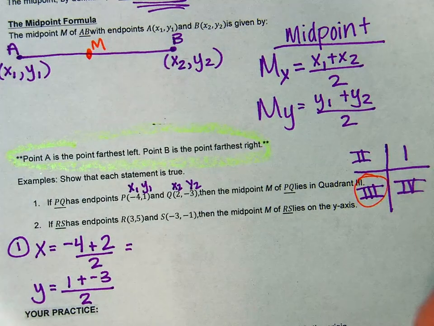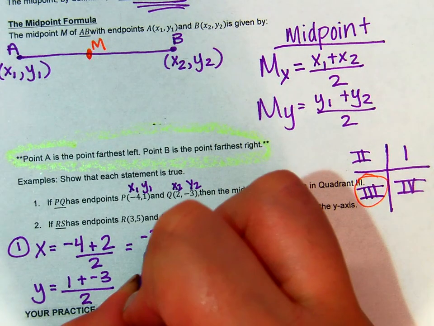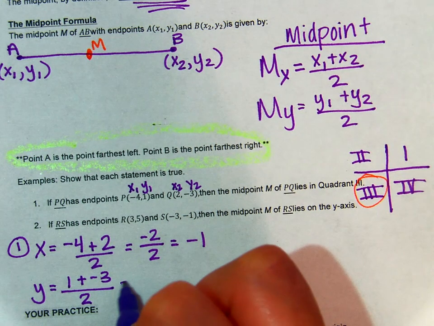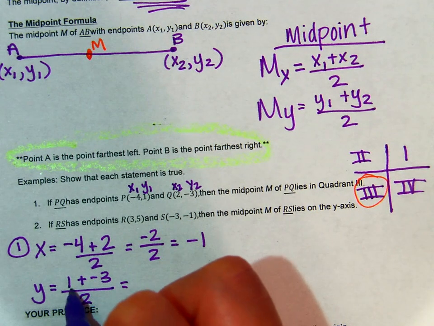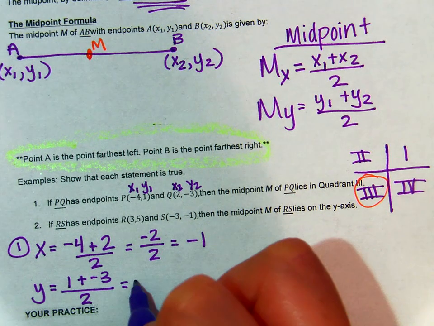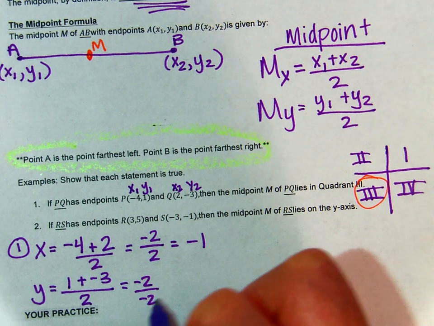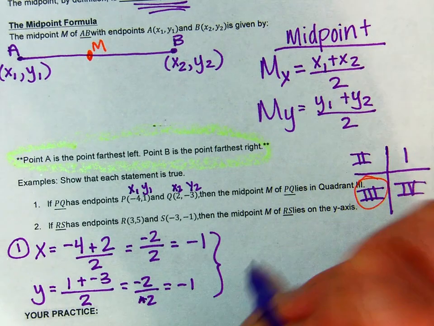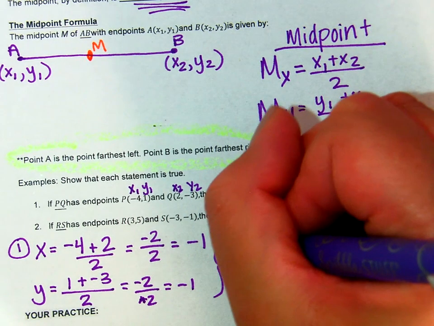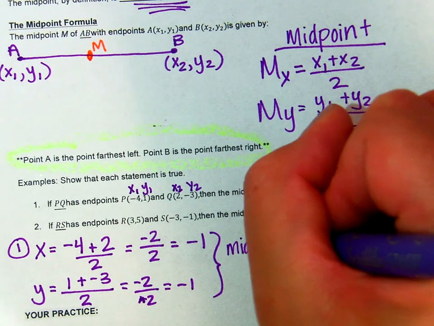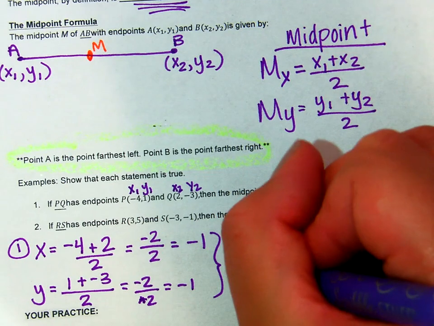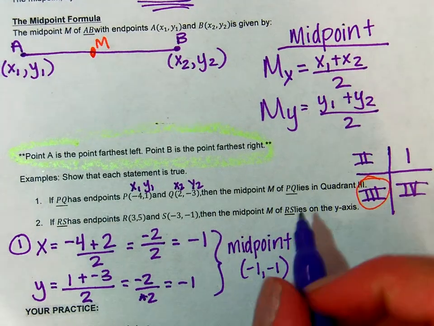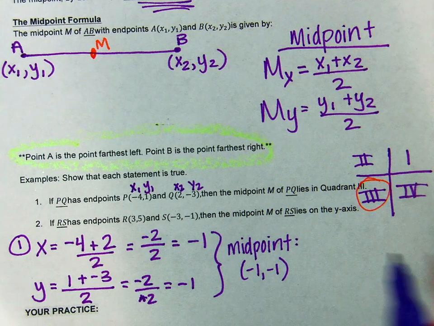So -4 plus 2 is -2 over 2, which is -1. And 1 plus -3 is also -2, divided by 2 is -1. So we're looking at a midpoint of -1, -1. Is that in quadrant 3? If I graph it, boom, boom, boom, it is in quadrant 3.